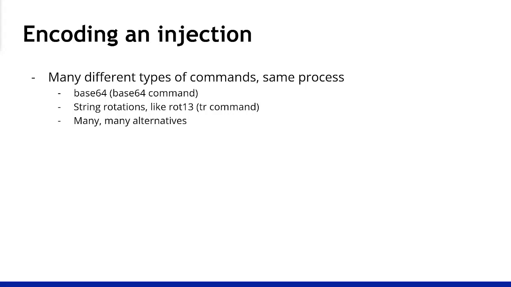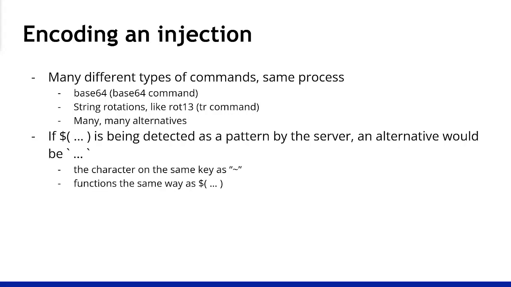There's so many that literally I just went on Stack Overflow and searched up one-line string encoding and decoding things, like how to decode a base64 string in one Linux line. That's what I did. And yep, there might be the chance that the command substitution brackets might be detected by the server and would prevent it from happening.